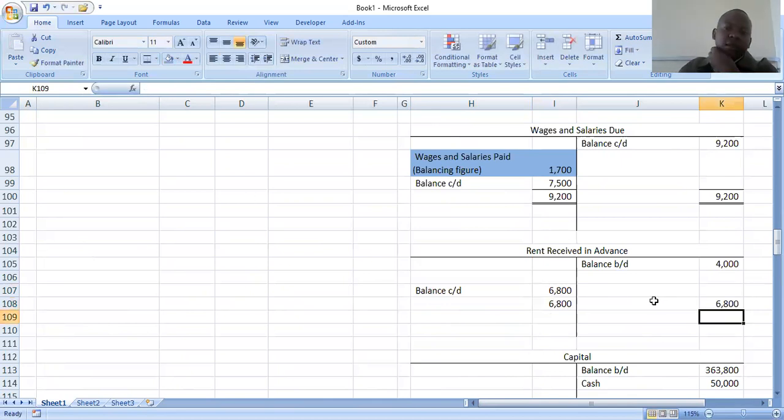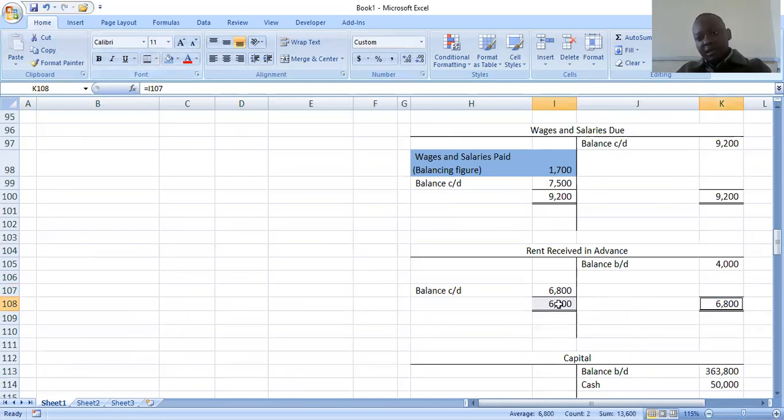So therefore, the totals should always be equal. Take the heaviest total on both sides. So in our case, for rent received in advance, the total should be 6,800. So you have a deficiency on the credit side. The deficiency is 6,800 minus 4,000, which gives us 2,800.